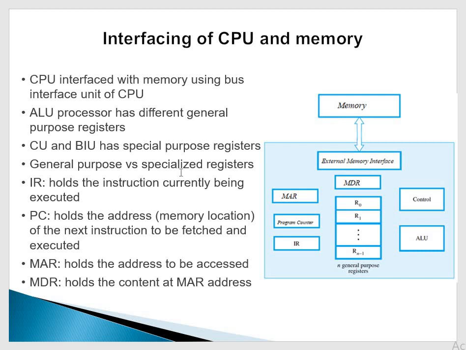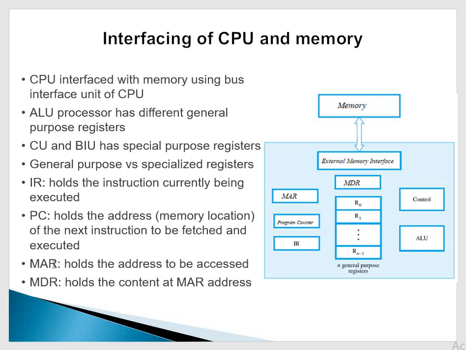Whereas the special purpose registers are used to perform the task assigned to those special function registers. We cannot use the special purpose registers as general purpose registers. The functions of IR and PC we have already discussed.